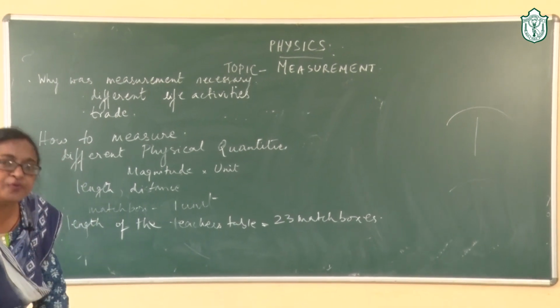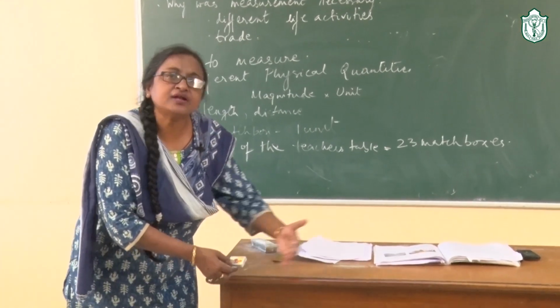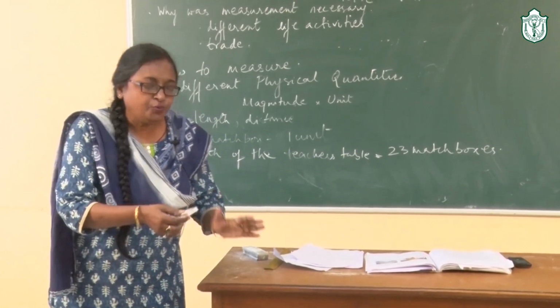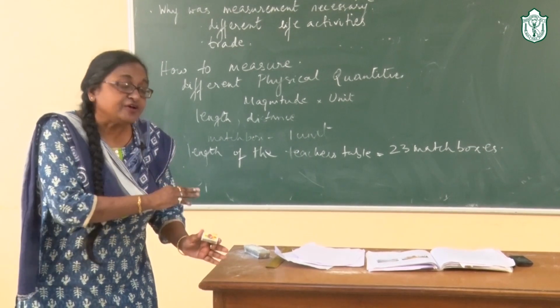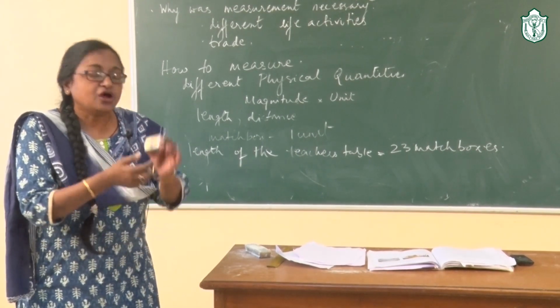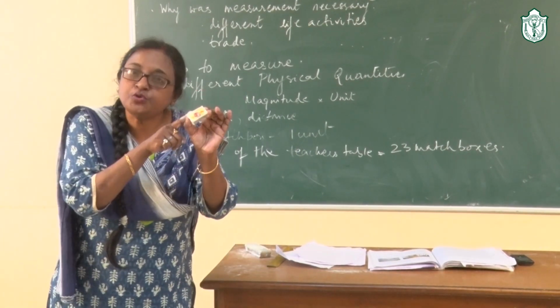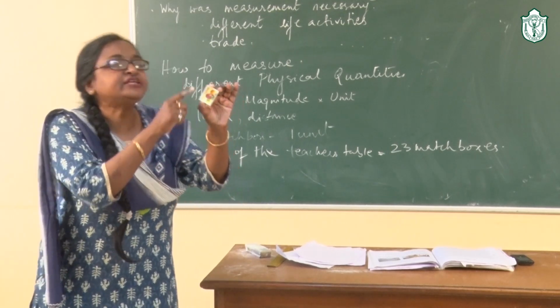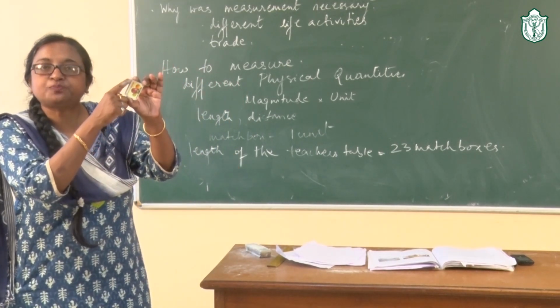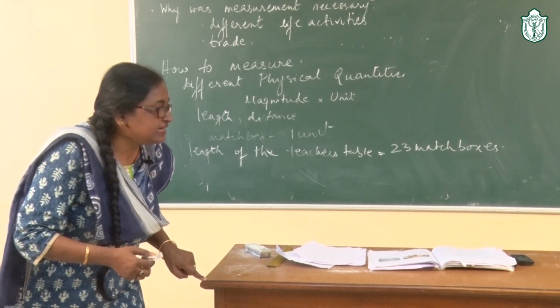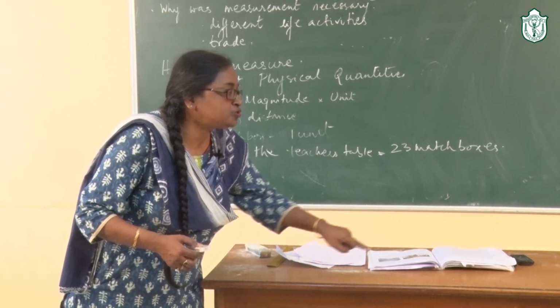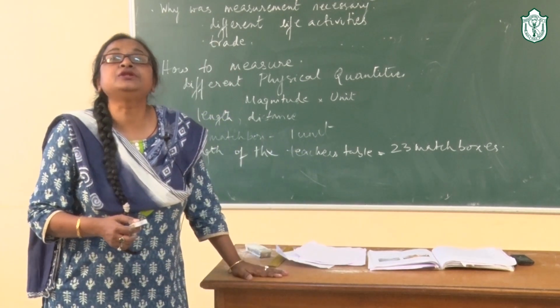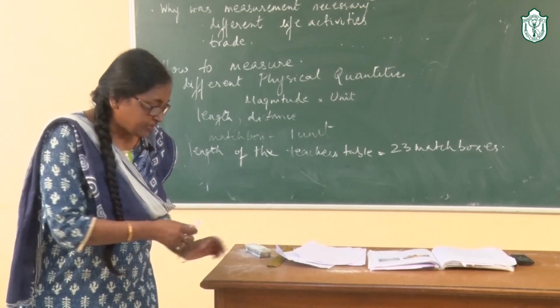Now when we have measured, what have we done? We have two quantities. One was the known quantity, which is the length of the matchbox, and the length we were about to measure was the unknown quantity.